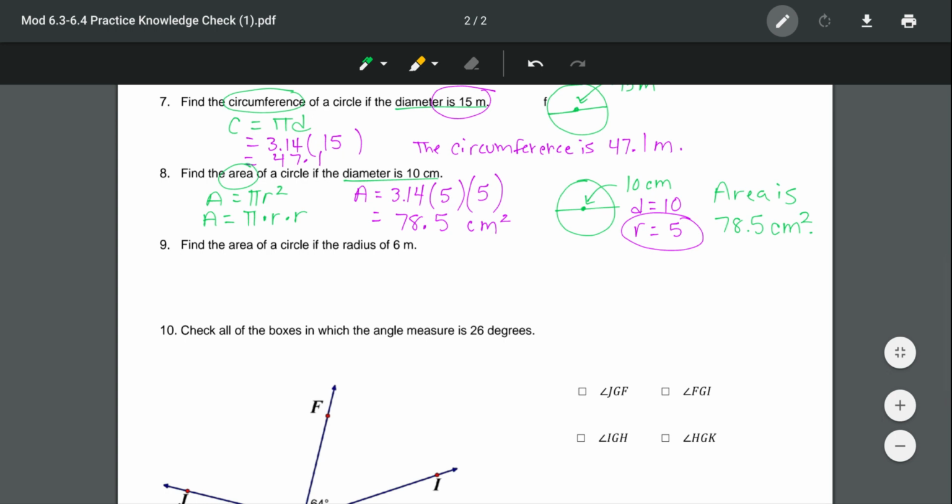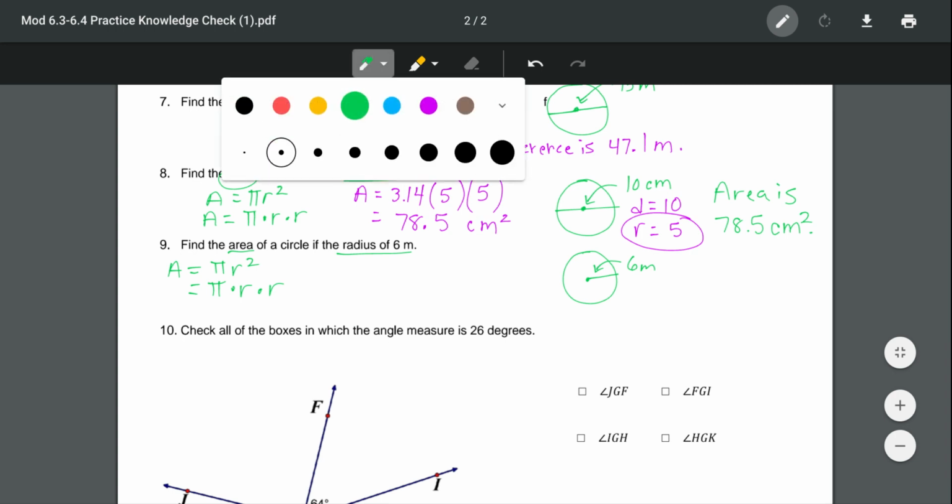Okay, number 9 says find the area of a circle if the radius is 6 meters. Again, the formula for area is pi r squared, which means pi times the radius times the radius. You can sketch a circle that has a radius of 6. The radius goes from the center to a point on the circle, and that would be labeled as 6 meters.